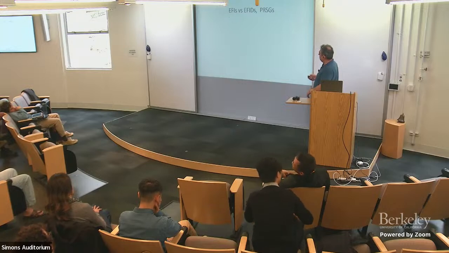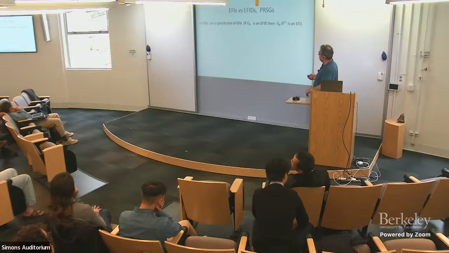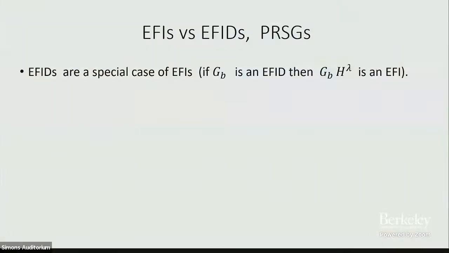So let's see what we have. Just what we can say trivially or in simple observations about how EFIs fare with the rest of the world. So first, the classical version, the Goldreich version, is a special case of the quantum one. Just if we think of adding a layer of Hadamards before applying the circuit, right?